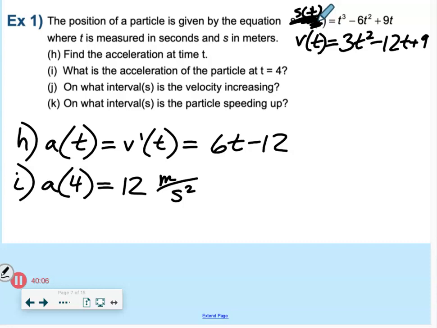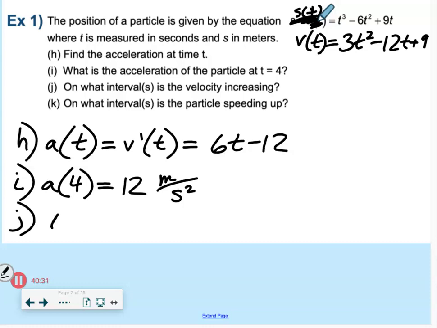All right. J. On what intervals is the velocity increasing? Well, velocity is increasing when the acceleration is positive. So we need to make an acceleration sign line. First we need to know when acceleration is 0.